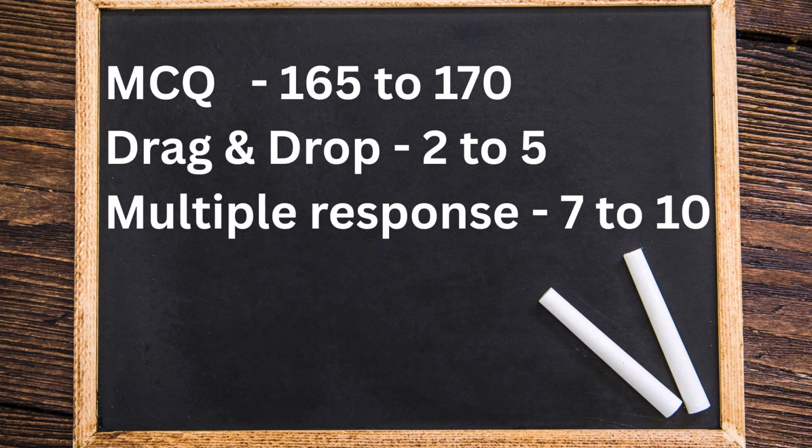Despite these new formats, the majority of the exam still consists of multiple choice questions. Out of the 180 questions, around 165 to 170 will be MCQs, and you can expect about 2 to 5 drag and drop questions and 7 to 10 multiple response questions. I have a dedicated video explaining PMP exam question types and how to approach them. Check the description for the link.